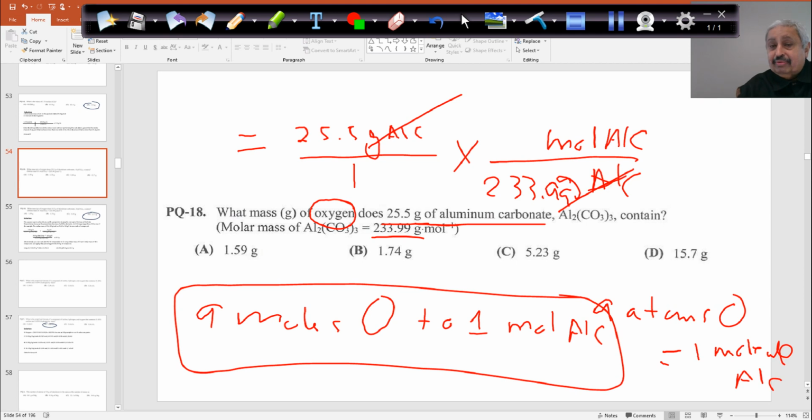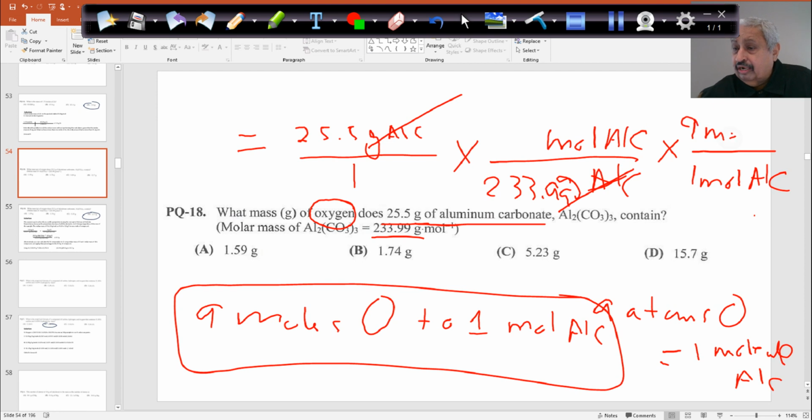So now the gram cancels out. I have a mole here. 1 mole of the whole molecule has how many moles of oxygen? I have 9 moles.